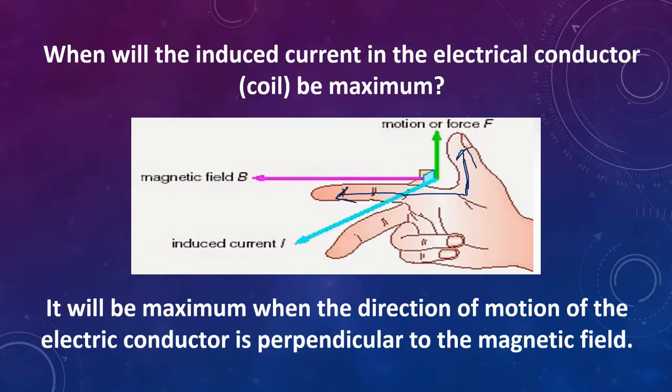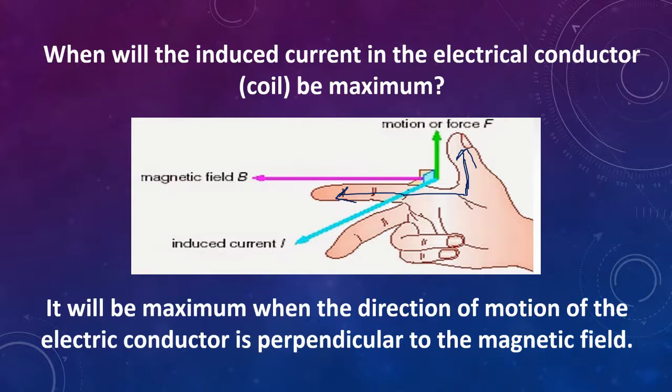For example, if the motion of the electrical conductor is parallel to the magnetic field, then there will be no induced current. That means the induced current will be 0.